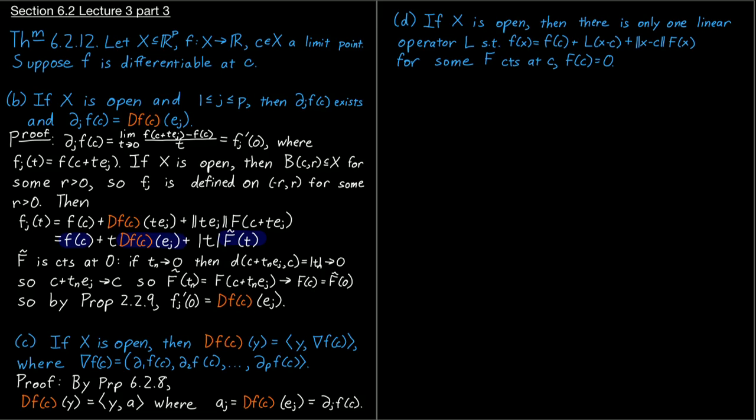So at least for open sets, the derivative is well defined. There's only one linear operator that can be df of c. And that's not always true if x isn't open, if c isn't an interior point, and you'll look at that a little bit on your homework. We prove this, of course, by noticing that part C tells us what df of c has to be. The only thing it can be is the inner product with the gradient.